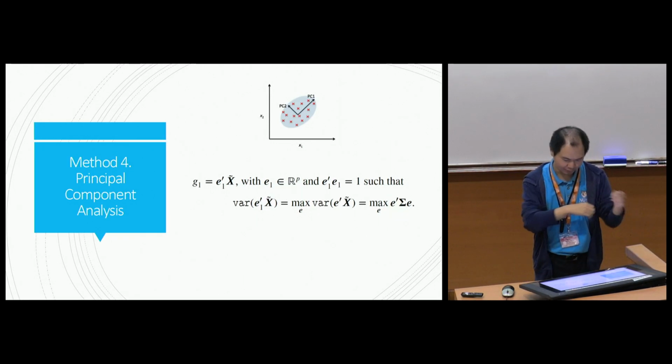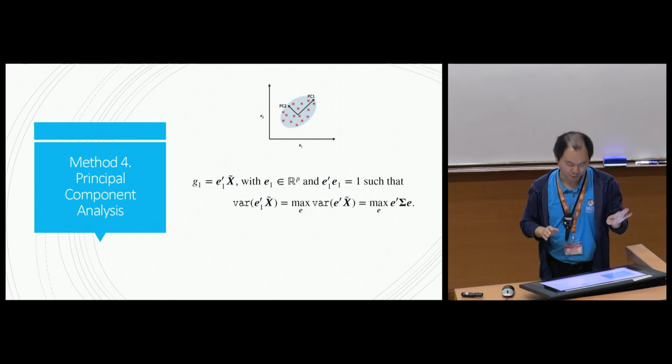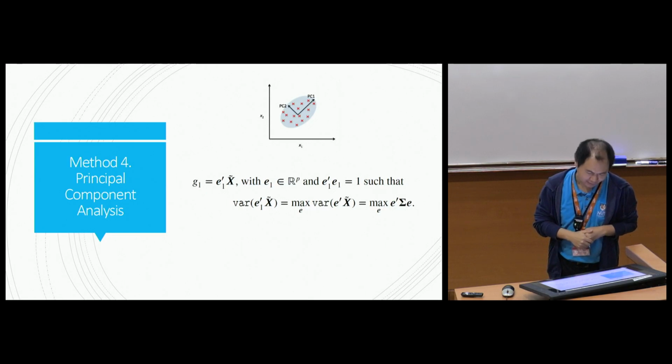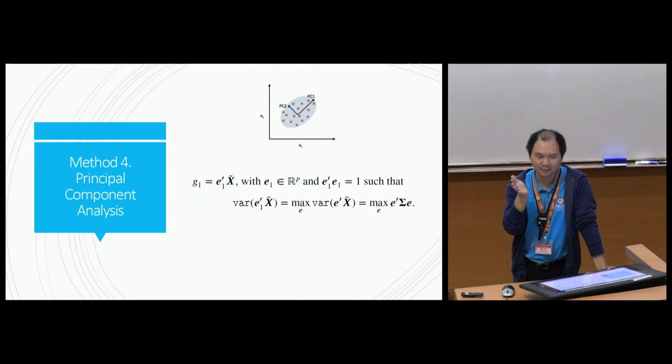The fourth method, of course, since you can use factor analysis, you can also use PCA. Principal component analysis is slightly different from factor analysis. I think factor analysis cares more about the orthogonal relationship between those factors, and PCA cares more about variance.